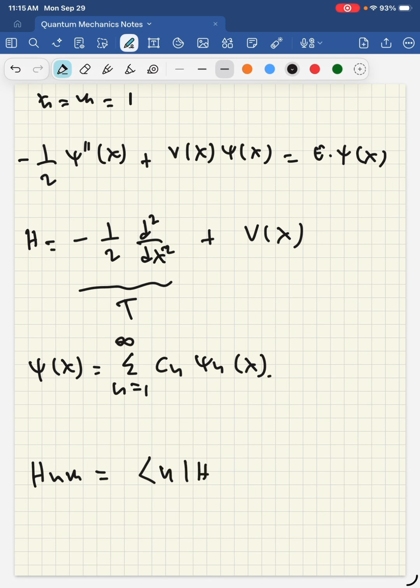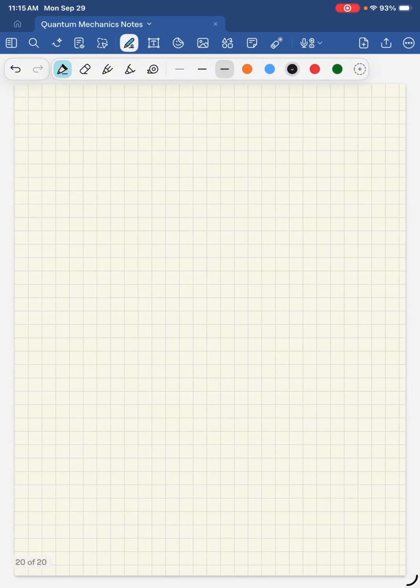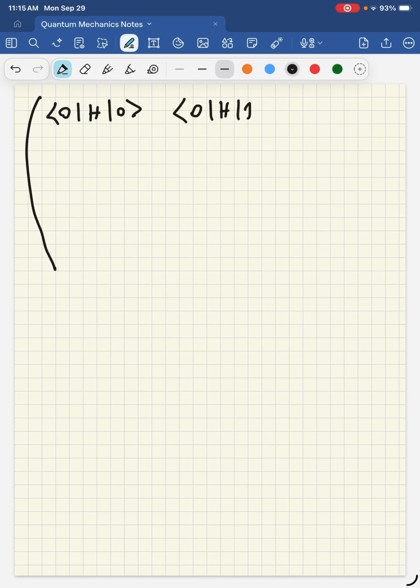Now the Hamiltonian matrix has matrix elements n and m, which are given by this expression, n H m. Okay, so the Hamiltonian matrix looks like this. I will talk about all this, I promise. So 0 H 0 and then 0 H 1 dot dot dot 0 H n. Okay, so this is the matrix.